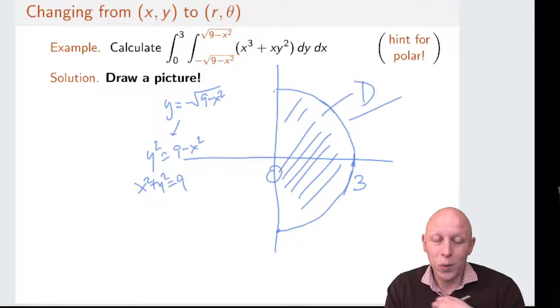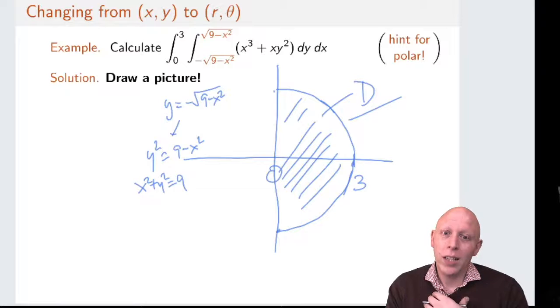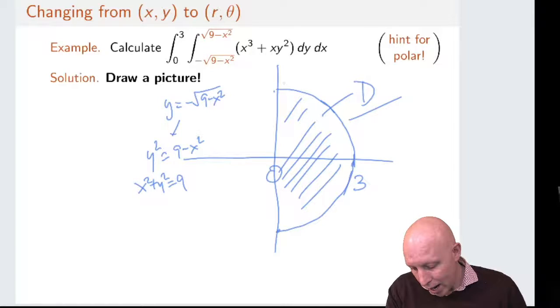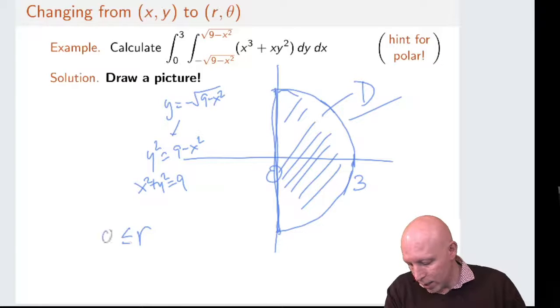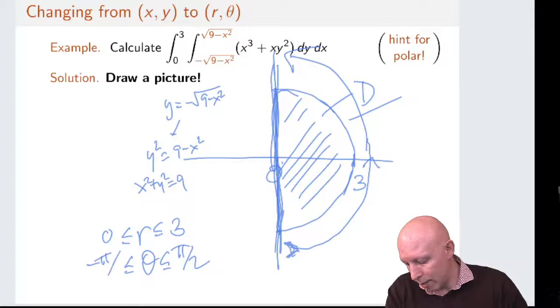All right, so you look at this picture, you see a circle centered at the origin, you should think, oh, that's a really nice region if we think of it as a polar rectangle. So as a polar rectangle, this is r is between 0 and 3, and then theta, well, it goes up to pi over 2, and then we have to continue this backward to go through 0 and go up to pi over 2, so theta starts at negative pi over 2.